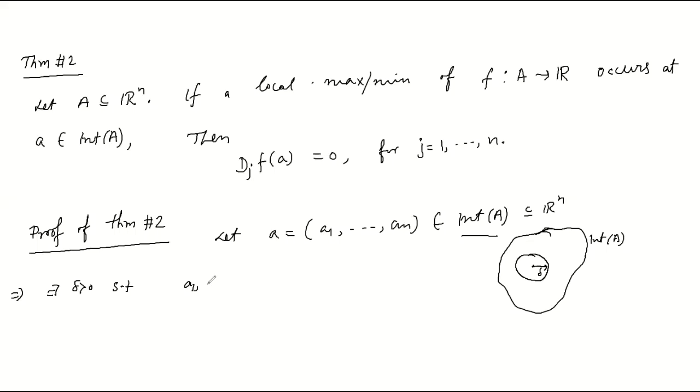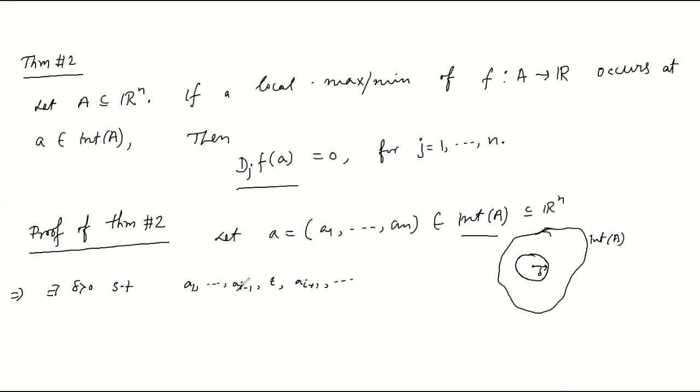(a1, and so on, a_{i-1}, t, a_{i+1}, and so on). So instead of i, let me use j, because here d_j of f at a is equal to 0.